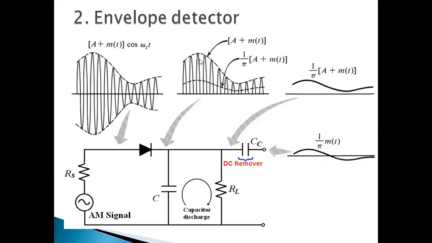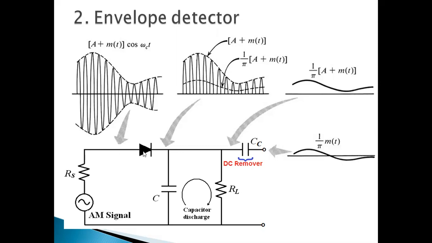Whenever the input signal falls below this value, the capacitor discharges slowly. See what I am telling once again. Whenever the current flows in this direction, the diode conducts, so it is forward bias, and the signal passes like this.